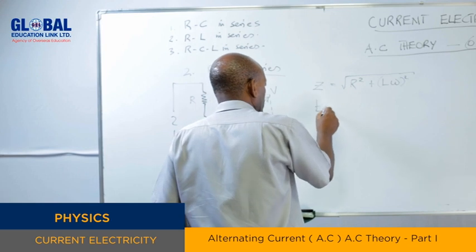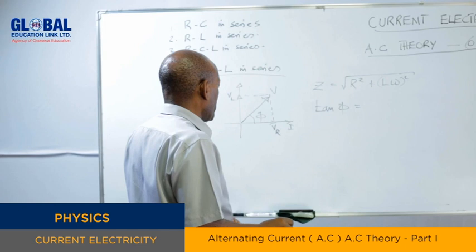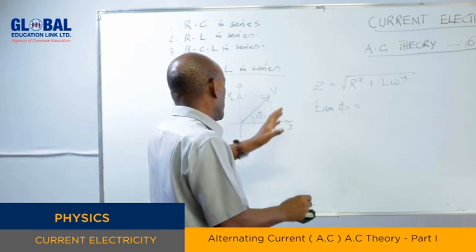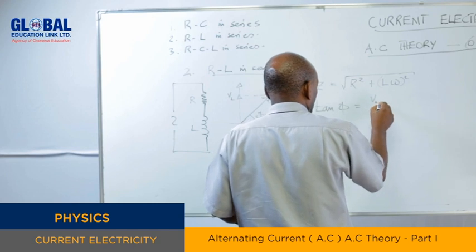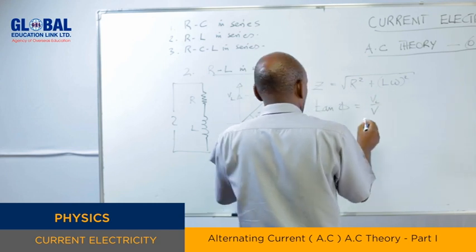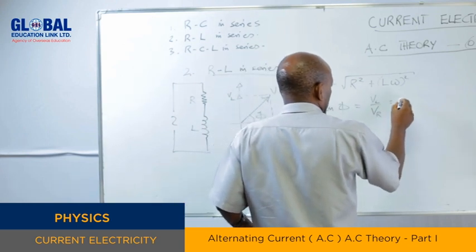And if we look at, let's say, the tan of that particular angle phi, here you will take the voltage through the inductor over the voltage through the resistor, opposite over adjacent.